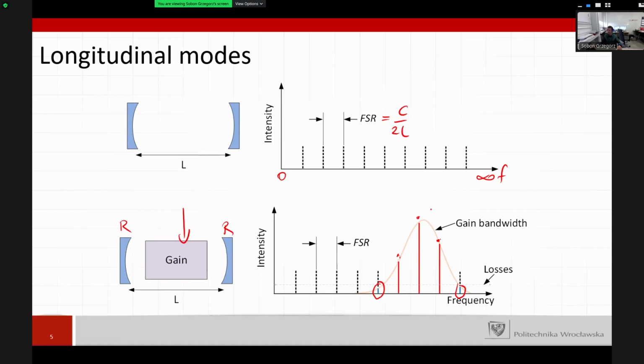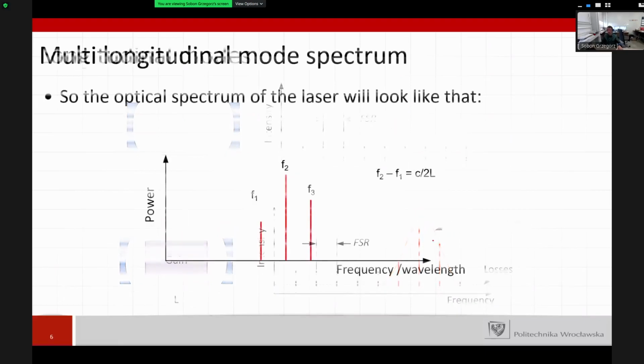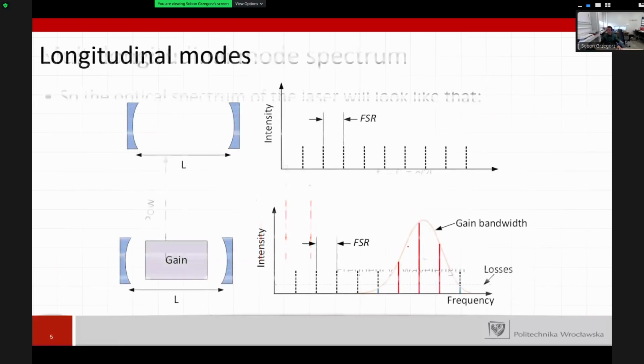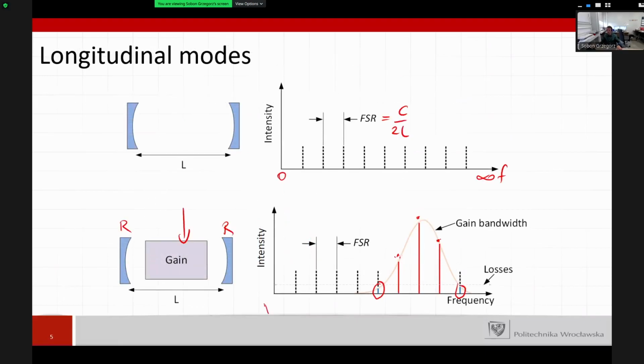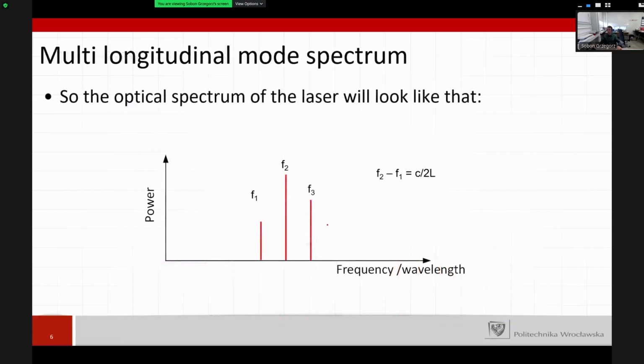So this particular laser will have 3 longitudinal modes. The spectrum of this kind of laser, here on the bottom, will look like that. If we look at it in the frequency or the wavelength domain, we will see 3 lines. And this is an image that you probably have seen in the laboratory where you analyze the spectrum of a helium neon laser.